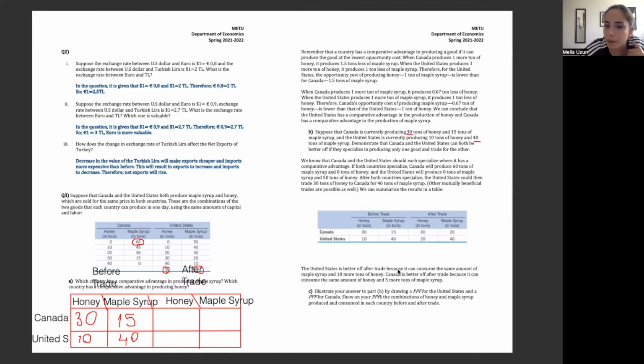After the trade, Canada was producing only maple syrup, but it needs honey too. It was producing 30 tons of honey before the trade. So that means Canada needs to get 30 tons of honey.